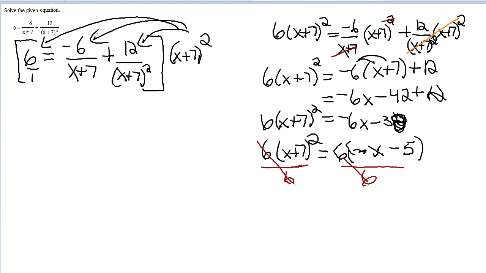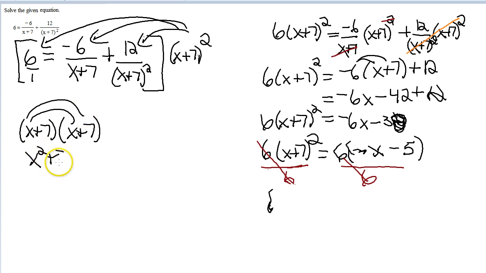So here's our current equation that we have to solve. Let's square this out. What is x plus 7 times x plus 7? When you square something, you multiply it by itself. We get x squared, we get a 7x, we get another 7x, we get a 49.